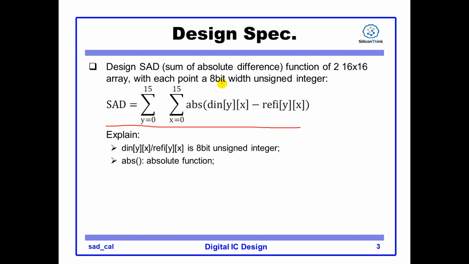Each point in the array is an 8-bit unsigned integer. So you will calculate the difference and the absolute value for each point, then accumulate the total 256 points together to get the SAD result. So this is the function.